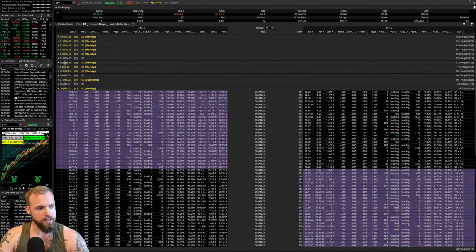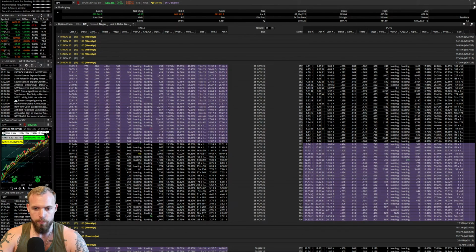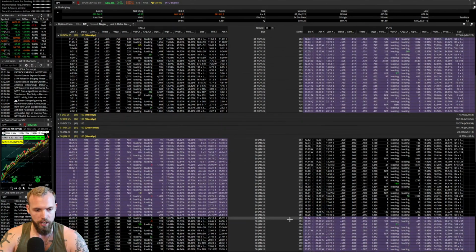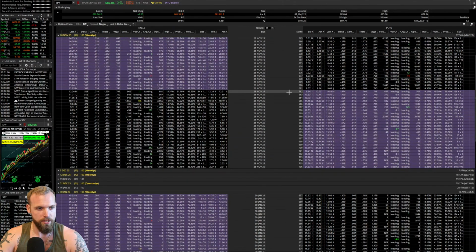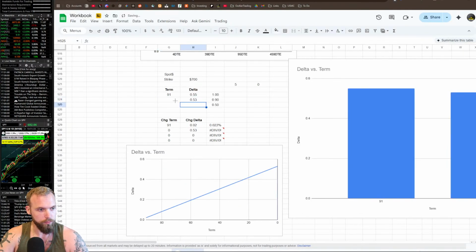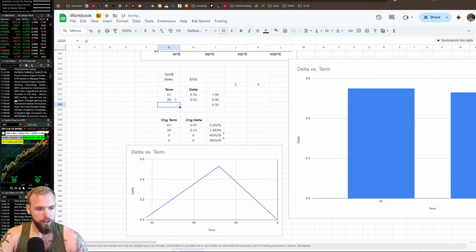So that takes us into like 28 days. If I look at that same option, the 682, my delta is still at a 0.53, and this is now with 28 days. So not really a massive gap in my delta. It really didn't change much at all, and that's because I'm at the money.